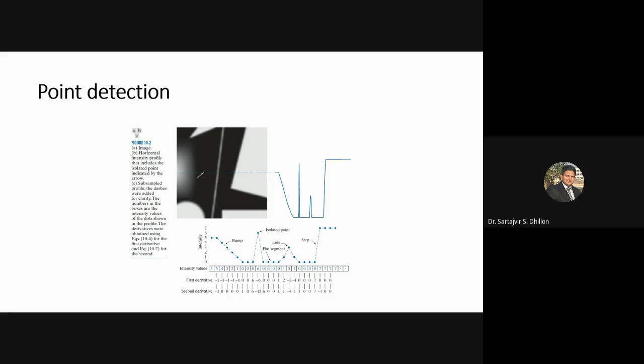First is our interest in the detection of a point. Here you can see that the first figure is an image, and this is an intensity profile, sorry, not a histogram. The intensity profile includes the isolated points indicated by the arrows.